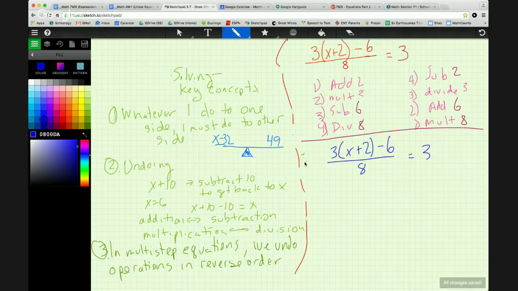Now we're going to undo it by multiplying both sides by 8. 3 times (x + 2) minus 6 equals 24. So we did that. Now we're going to add 6 to both sides.